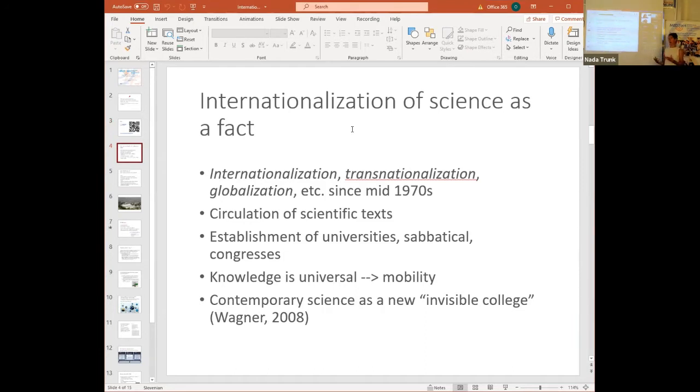This is part and parcel of so-called globalization, which is an intensification of relationships and cultural and economic exchanges since the 1970s.